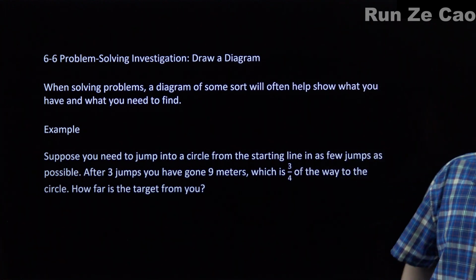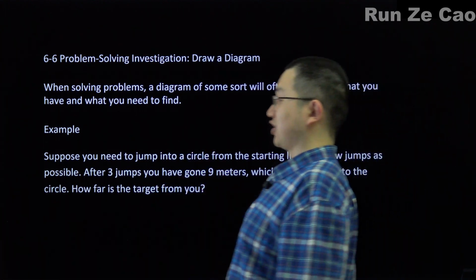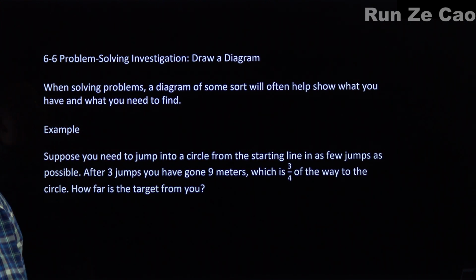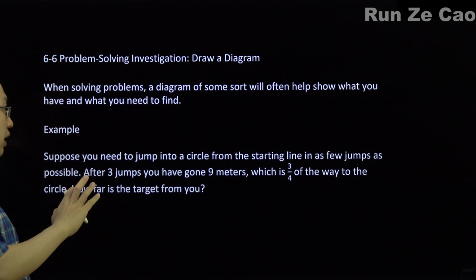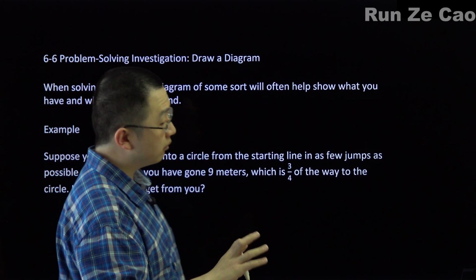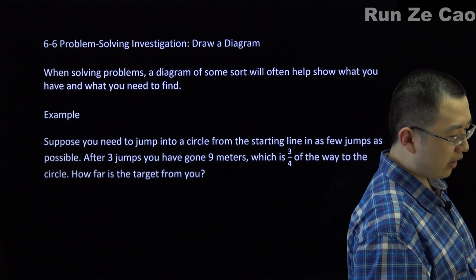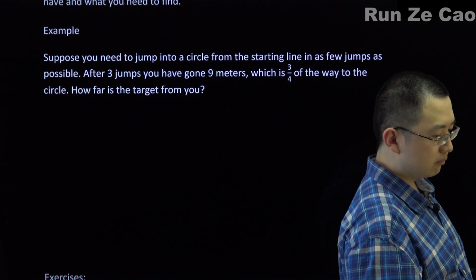Okay, obligatory problem solving section for every chapter of a North American textbook. Problem solving, draw a diagram. When you are solving problems, a diagram of some sort will often be useful for showing what you have and what you need to find.